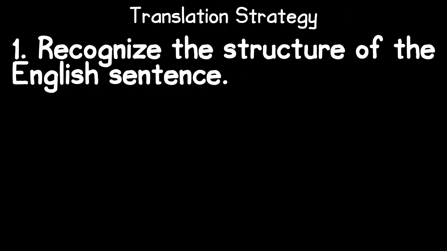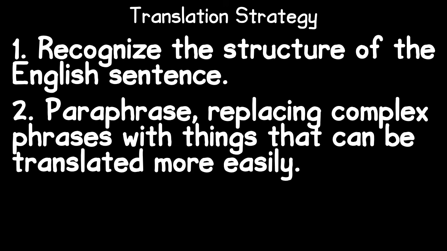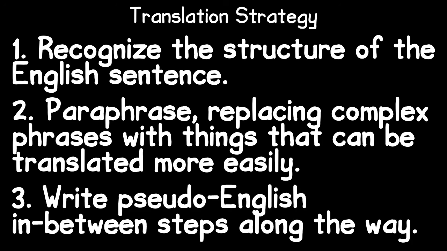So here's some general advice for translating from English into QL. First, recognize the structure of the English sentence. Think about what the main logical operator will be. Is it one of the standard patterns for connecting two properties, like an all these are those sentence? Second, paraphrase, replacing complex phrases with things that can be translated more easily. Third, write pseudo-English in between steps along the way.